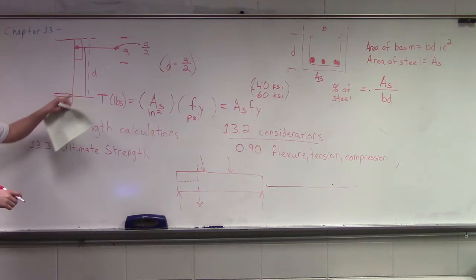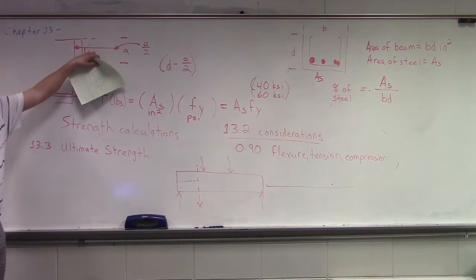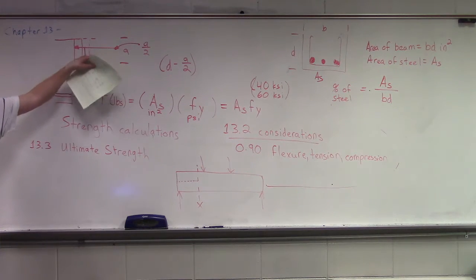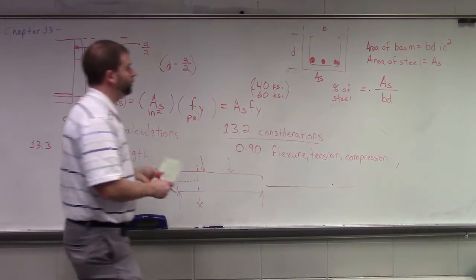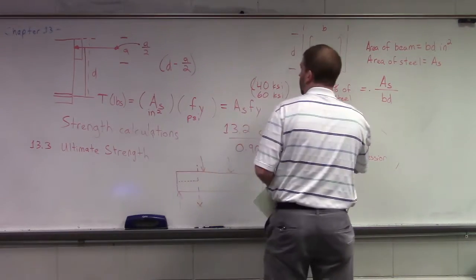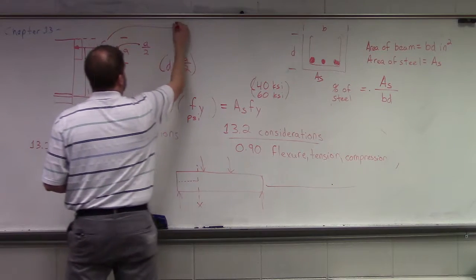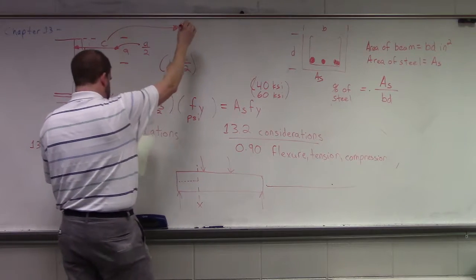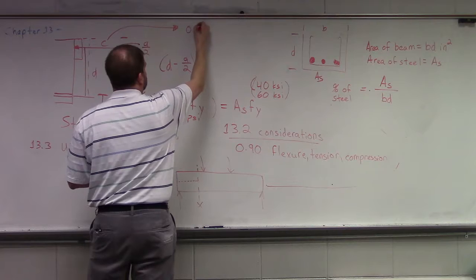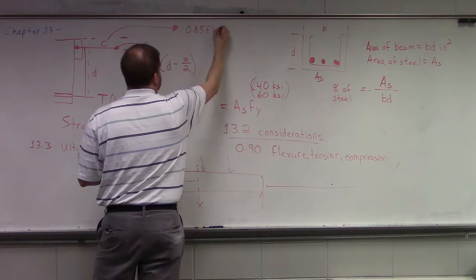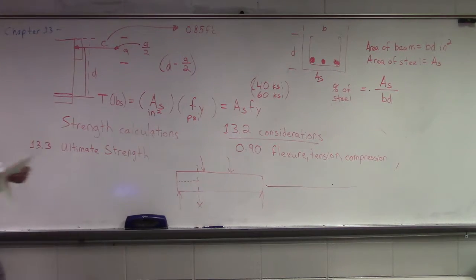Now, we also need to figure out what this compressive force is. How can we model that? What we're going to use is that C, this compressive force, is going to equal 0.85 f'c.